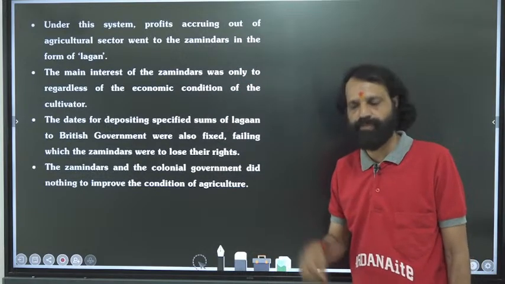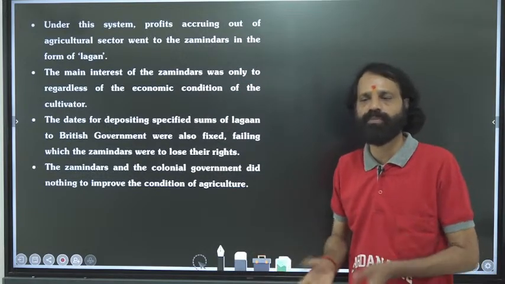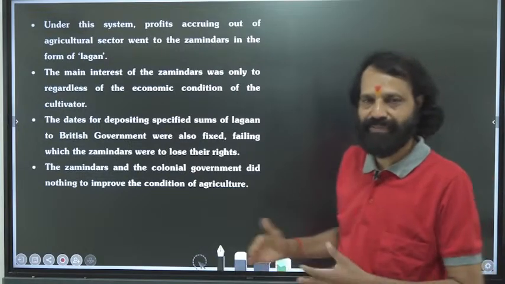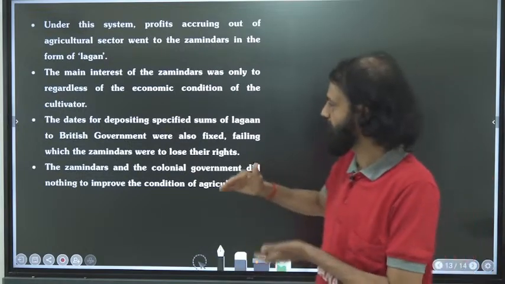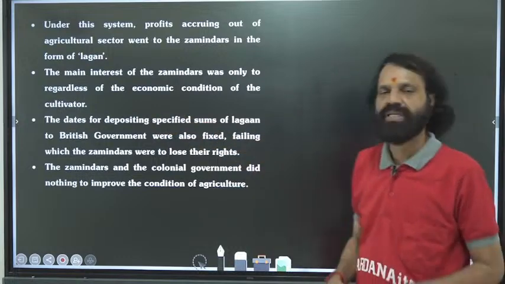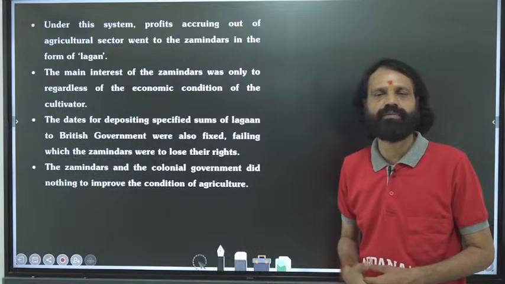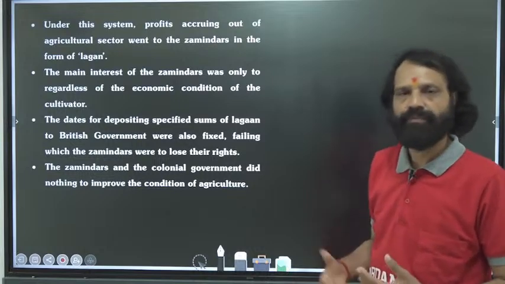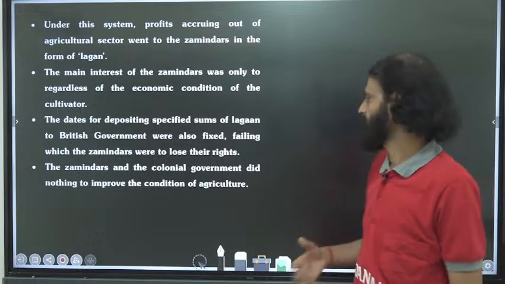They needed to deposit the whole amount to the Britishers within a particular time period. Therefore they were forcing the farmers to pay the tax very early.